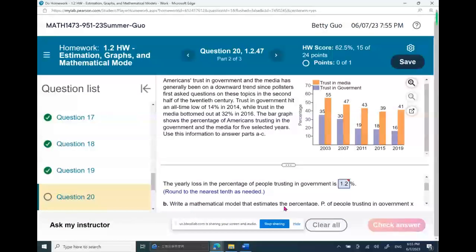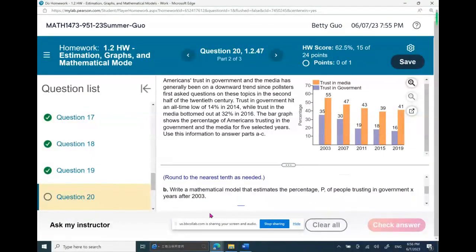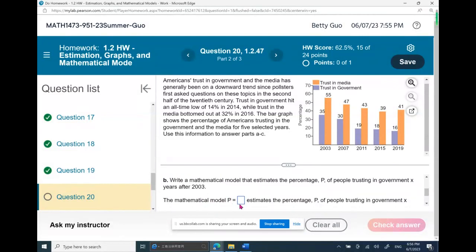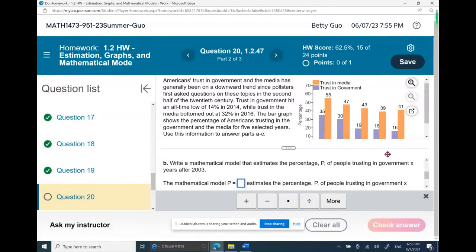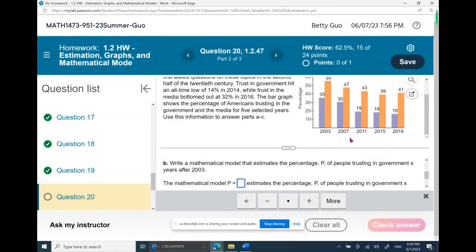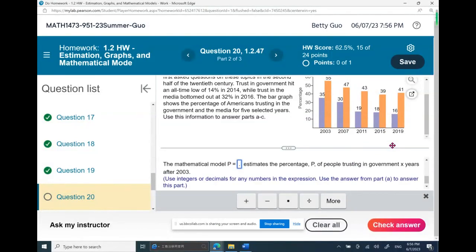Write a mathematical model that estimates the percentage P of people trusting in government X years after 2003. So X years after. We start from 35%, which is 0.35, and then plus, P of person in X years.